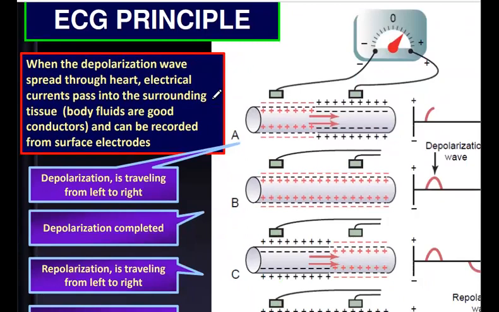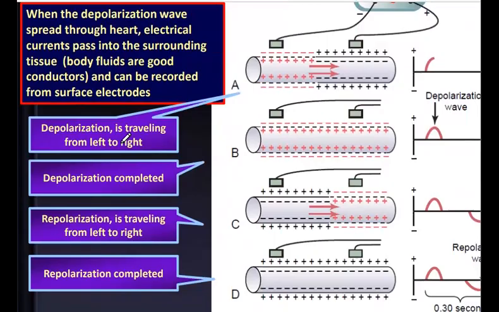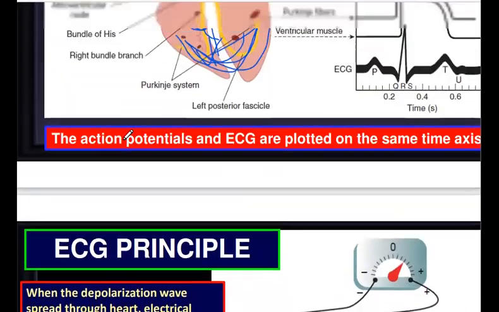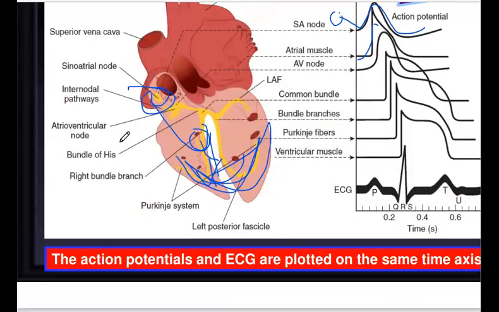What are the ECG principles? When the depolarization wave spreads through the heart, electrical currents pass into the surrounding tissue and can be recorded from surface electrodes. Basically, our heart is in a resting position.